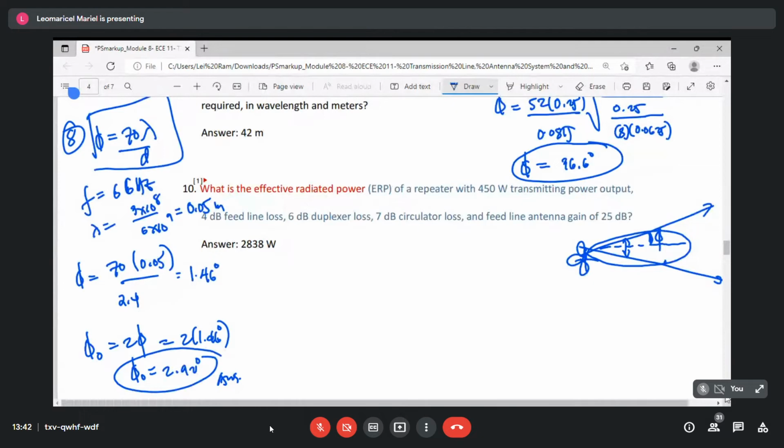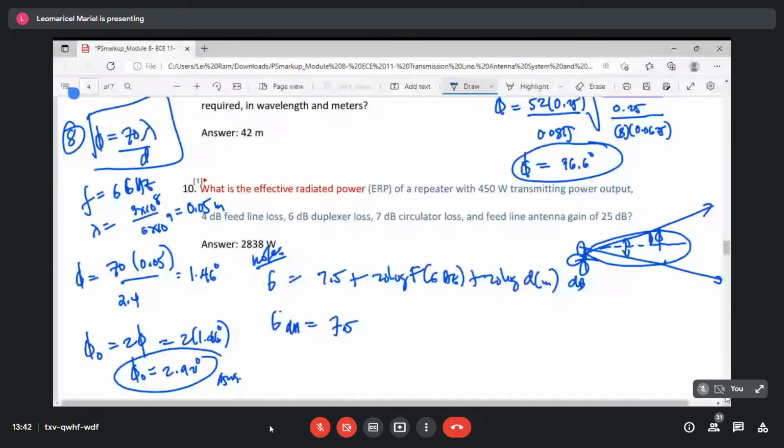Parabolic: gain will be 7.5 plus 20 log of frequency, 6 gigahertz, with the 6 in gigahertz.